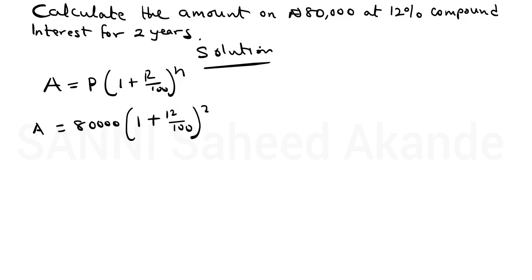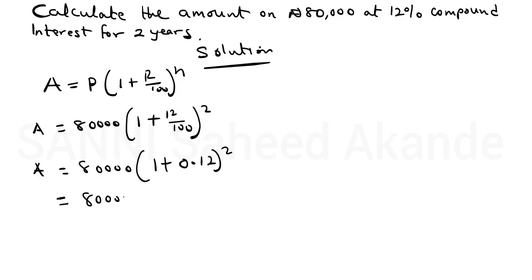Understood? So we now have our A to be equal to 80,000 naira, then 1 plus 12 divided by 100 will give us 0.12, then all squared. So 80,000 naira, 1 plus 0.12 will give us 1.12 all squared.